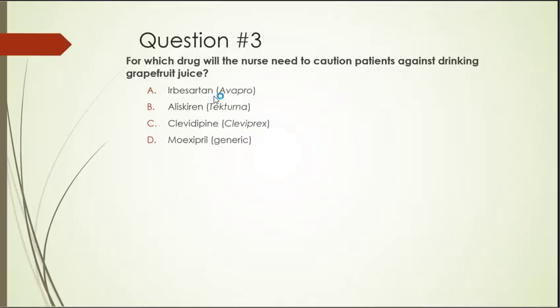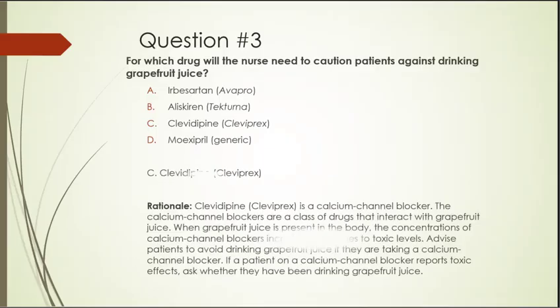No, because sartan is an ARB. Is it a pril? No, because a pril is an ACE inhibitor. Dipine? Yes, because dipine is a calcium channel blocker, except for verapamil and diltiazem.